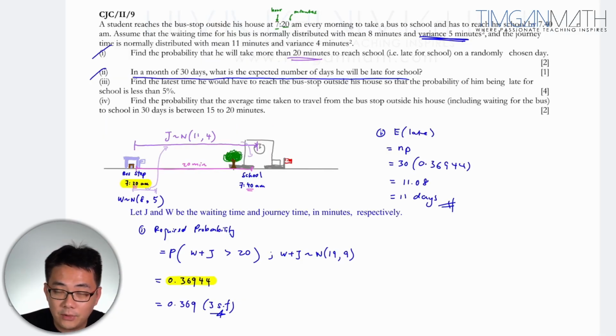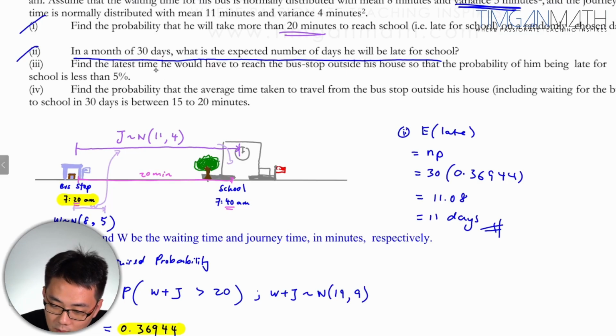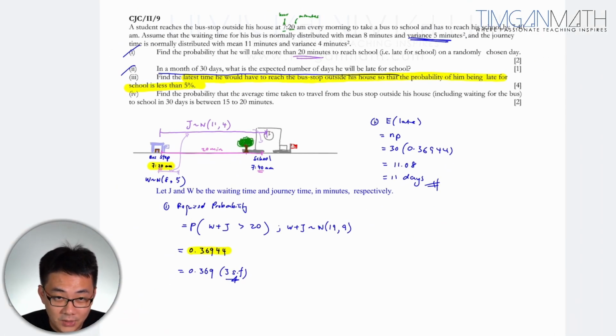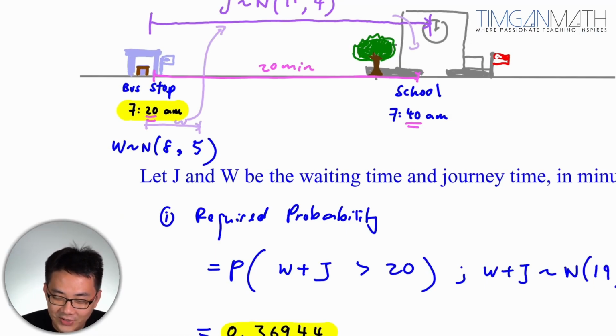Subsequently, part 3. Now find the latest time he would have to reach the bus stop outside his house, so that the probability of him being late for school is less than 5%. My goodness. Okay, this is where things become interesting. So this is where you need to hear me out. You know this is 20 minutes, right? The journey here is 20 minutes.